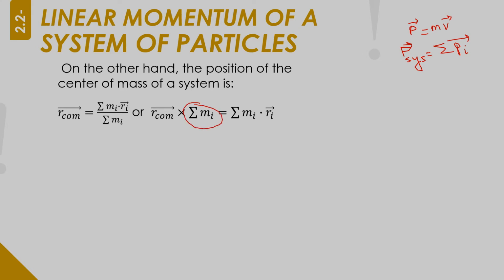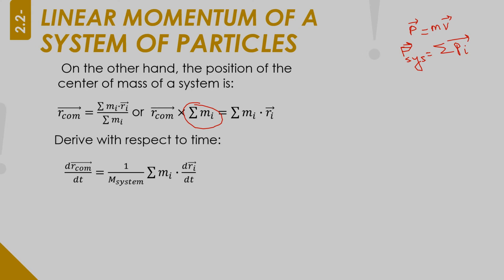If we derive with respect to time, we know that the derivative of position is the velocity. So we get the equation dr by dt is 1 over m, multiplied by summation of mi dri by dt. Don't forget here that we are assuming mass to be constant, and that will be our situation in general.